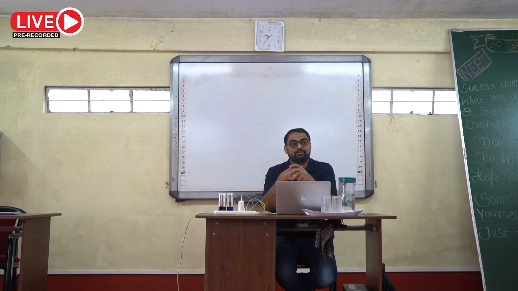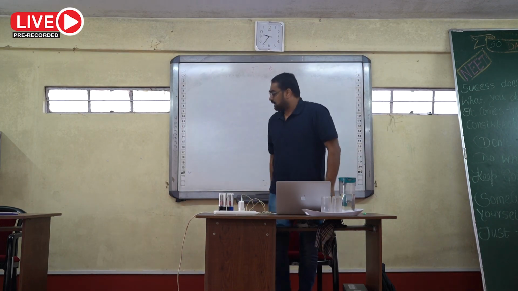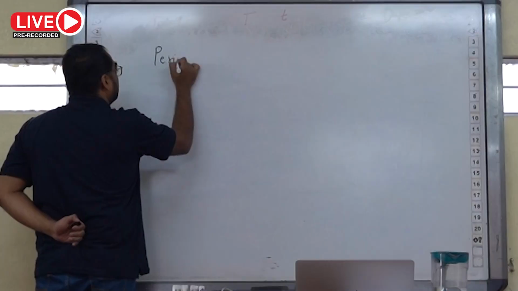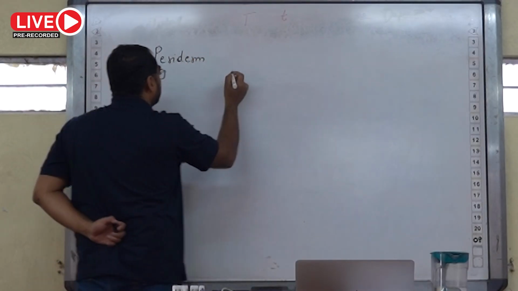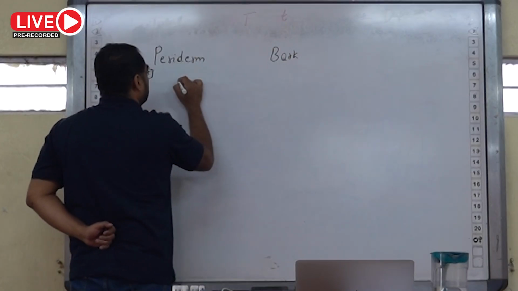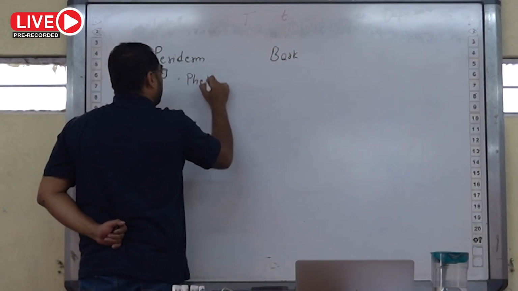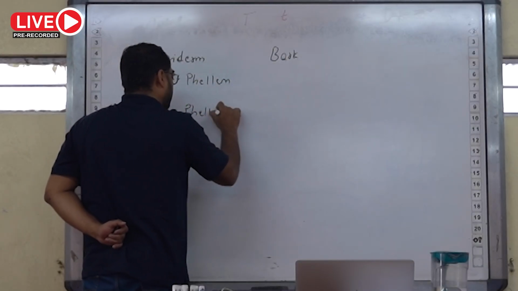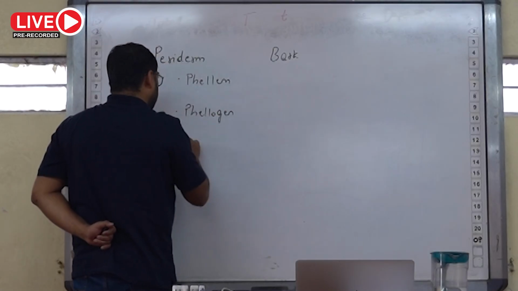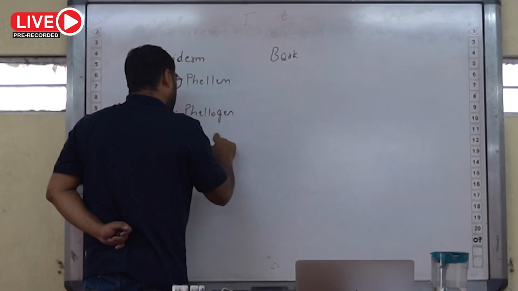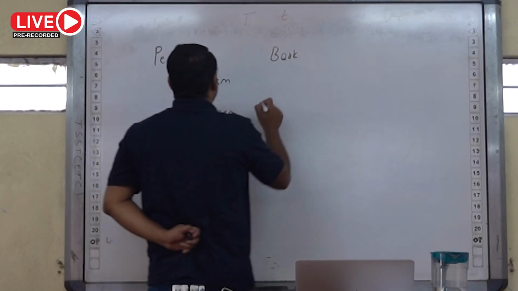Phellem is what? See again, things which can confuse you, but you have to remember. Very good. Periderm is bark, from outside to inside: phellem, phellogen, and phelloderm.